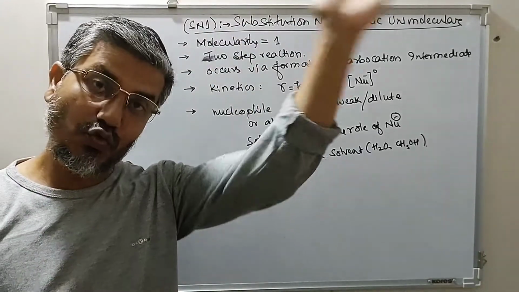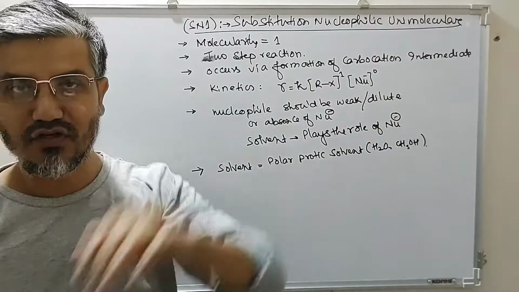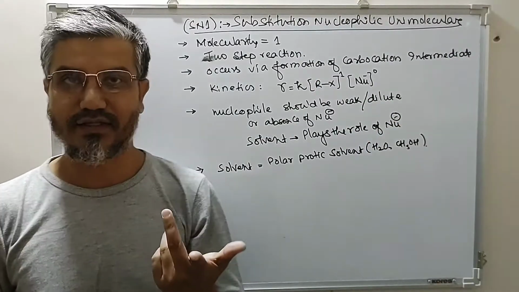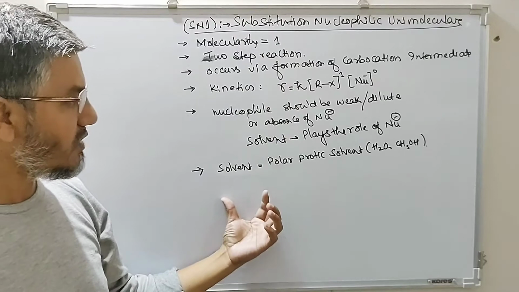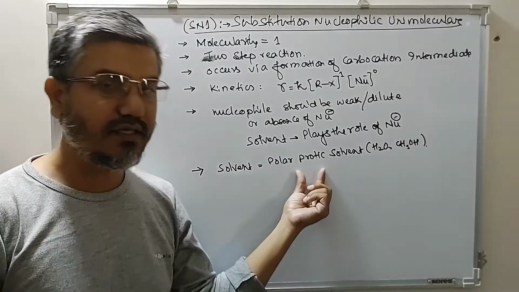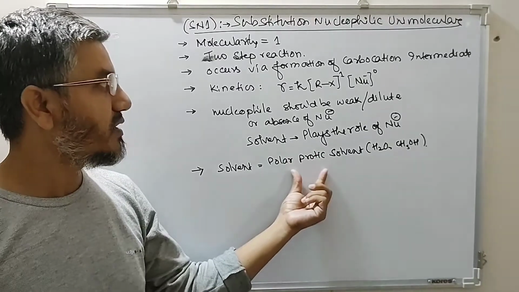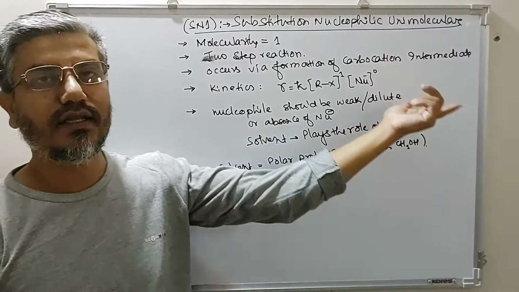While SN2 reaction uses weakly polar or non-polar solvent, and they do not protect. Whereas in case of SN1, we need to have a polar solvent and the polar solvent should have protic hydrogen. So this is the difference. So this solvent will stabilize the cation formed.